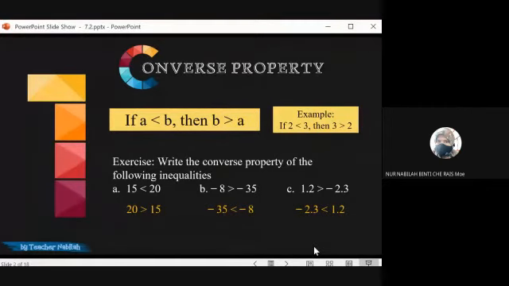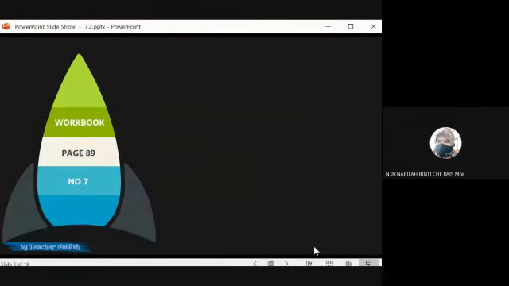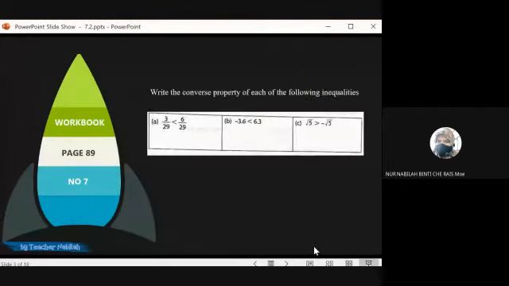Is it clear? I want you to look at the workbook, page 89, number 7. You can refer to your own workbook, page 89, number 7. Write the converse property of each of the following inequalities.